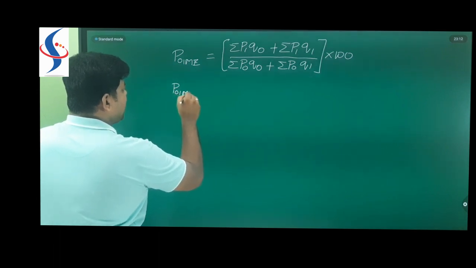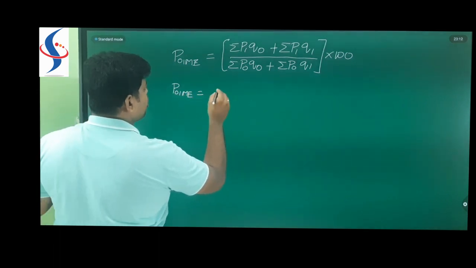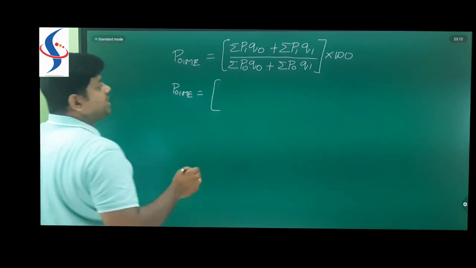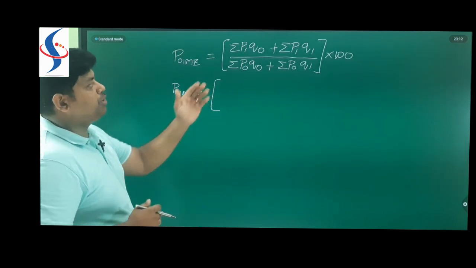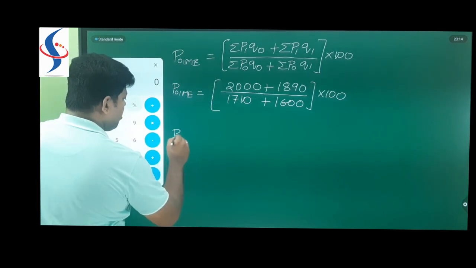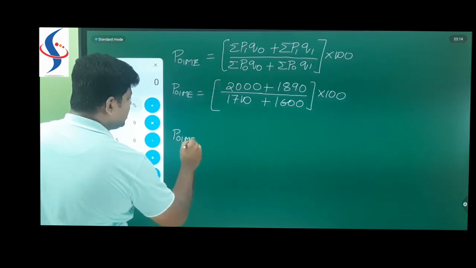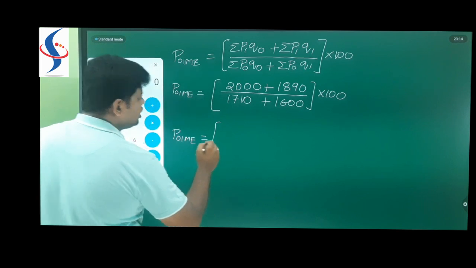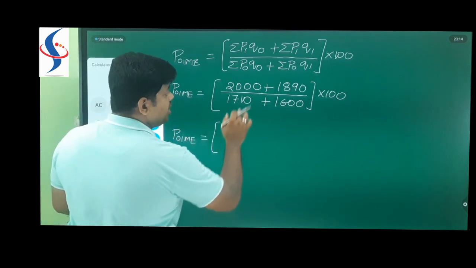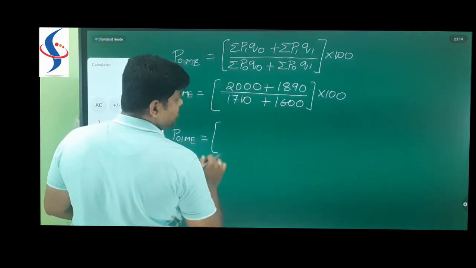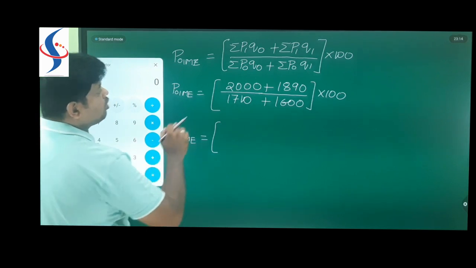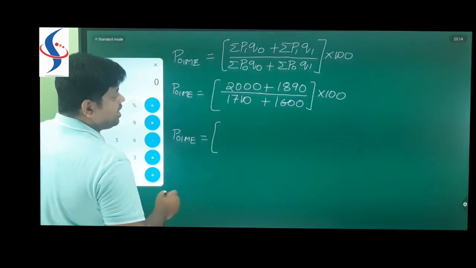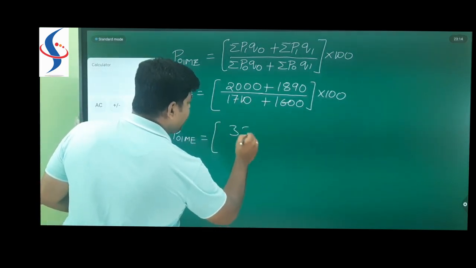P01 Marshall-Edgeworth is equal to, by seeing the table, we need to substitute the values. See here, students, you need to be very careful. Here we need to add the numerator first. 2000 plus 1890 is 3890.